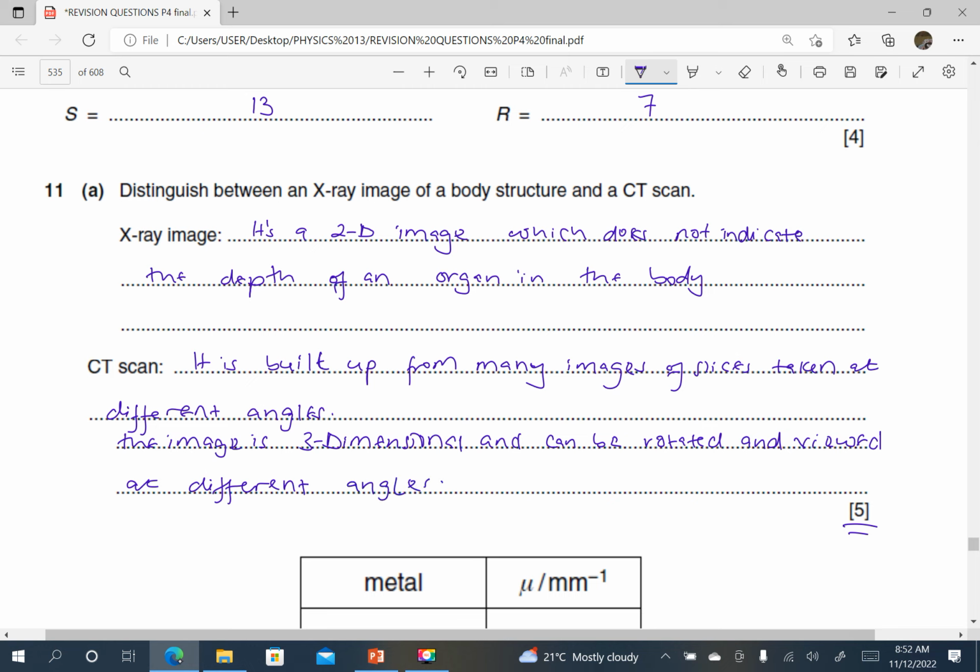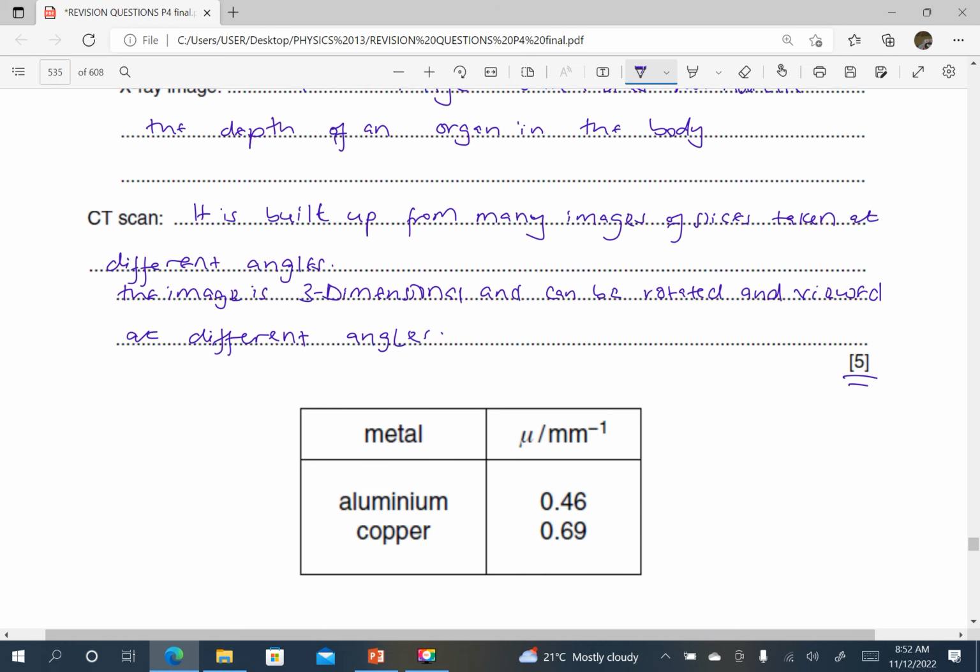So the image is three-dimensional. It can be rotated and viewed from different angles. That is for the CT scan.